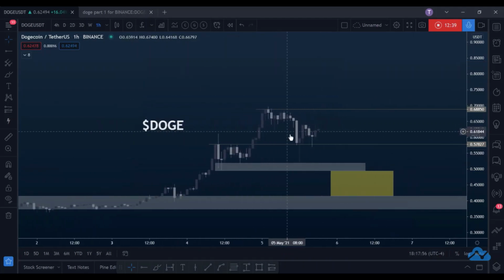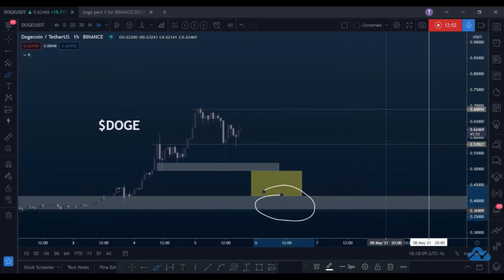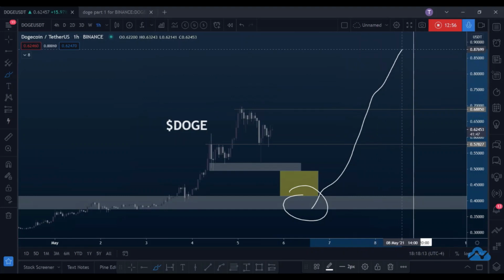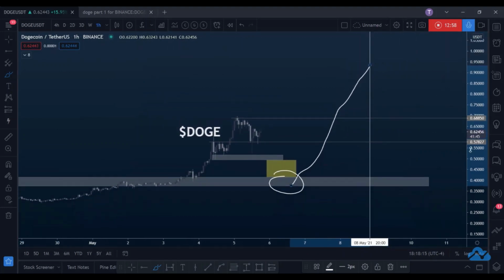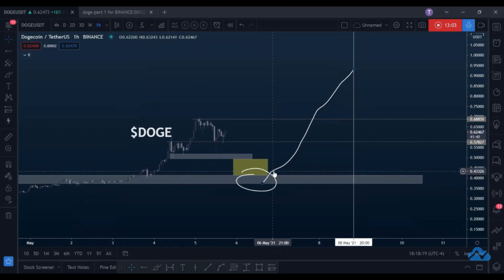I'm looking for price to sweep below this liquidity zone into this high time frame support area, and then ultimately once we hit this, I do expect price to eventually go up to $1 and beyond.